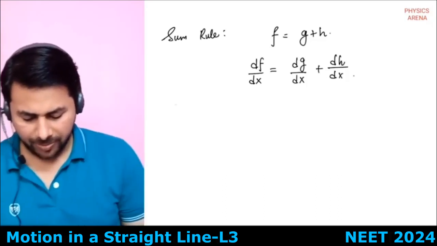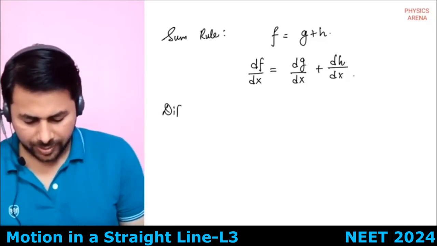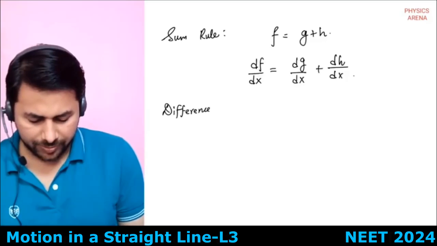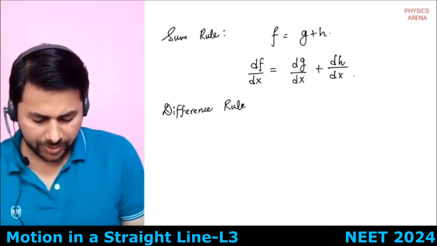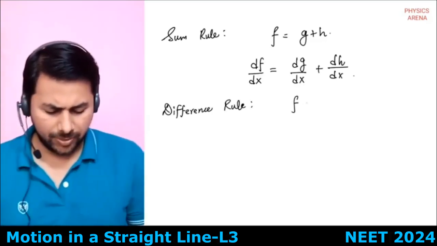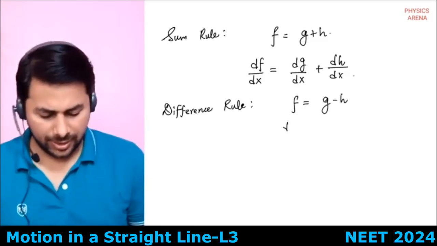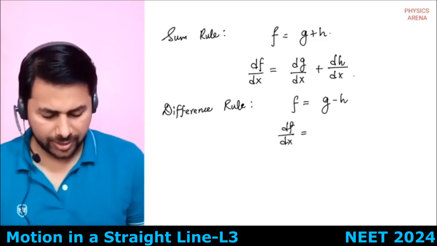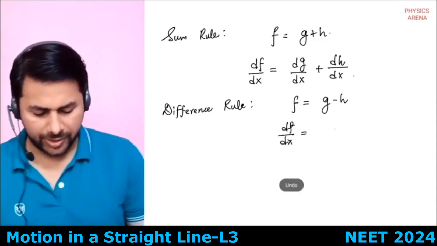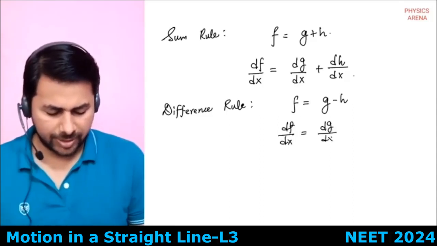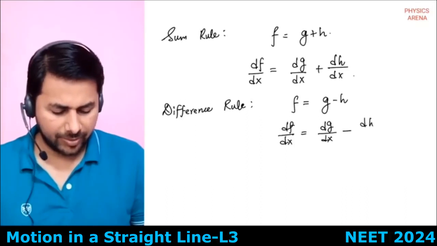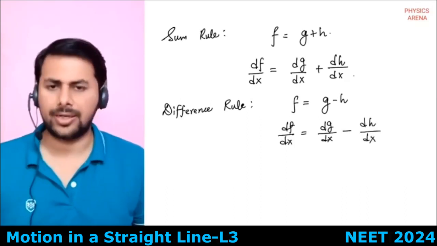Then next is difference rule. So what is this difference rule of derivatives? If you have f equals g minus h, then df by dx is equal to the derivative of g with respect to x minus the derivative of h with respect to x.